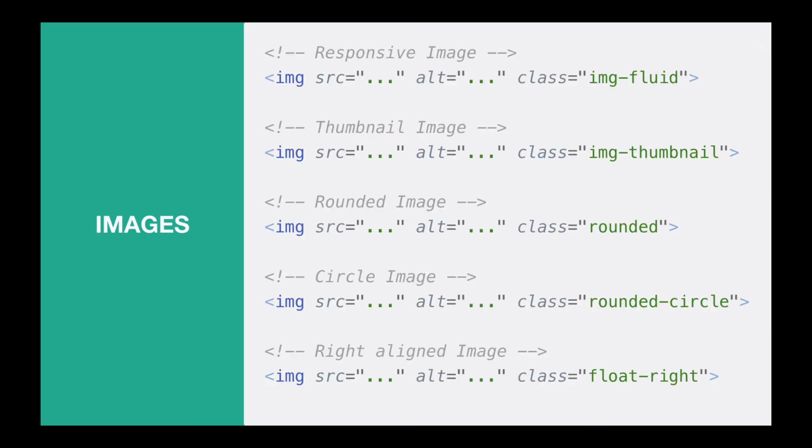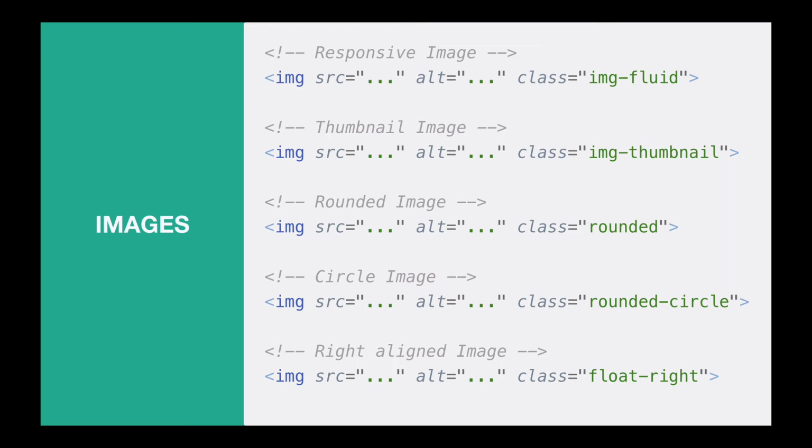So here are several examples of how you'd use these. The very top one is a responsive image, so we have image fluid. The next one's a thumbnail. Here's rounded. We added this rounded class, and it adds, I wish I would have looked up exactly how many pixels, but it's like a 5-pixel rounded corner to your image, so it's kind of a rounded square.